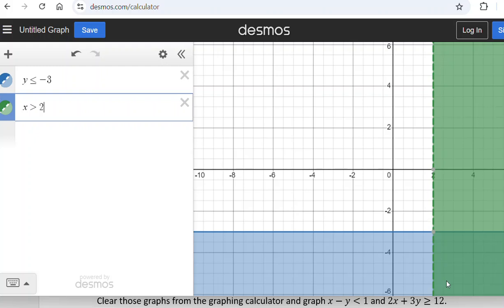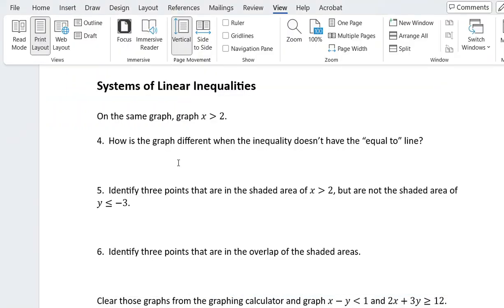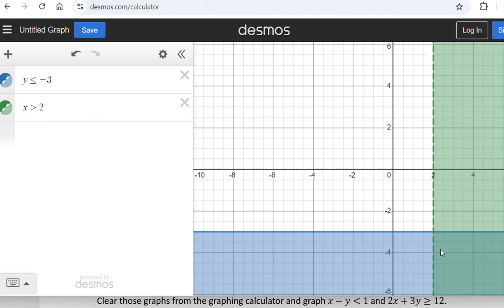So here's the graph. Again, we have a vertical line here because it's an x equals equation. And we notice that instead of having a solid line, we now have a dotted line. So when it doesn't have the equal to line underneath, what it does in the graph is it makes a dotted line instead of a solid line.